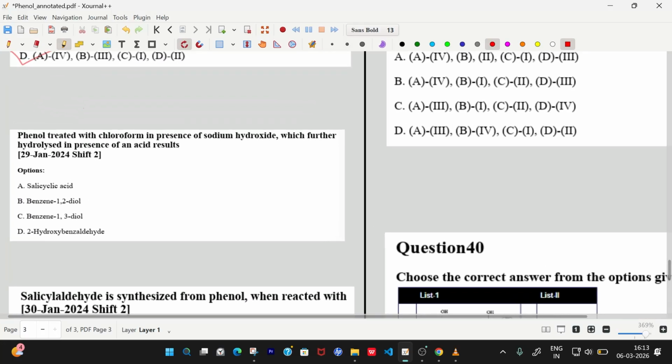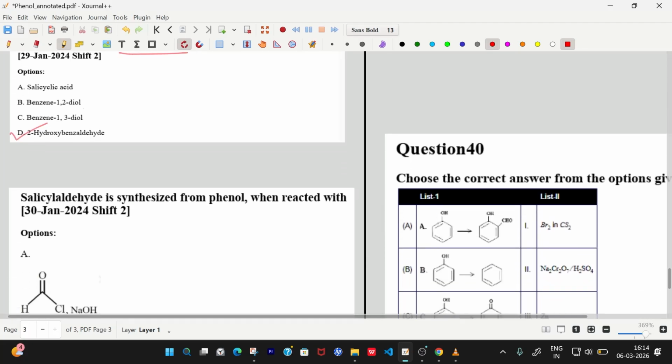Phenol treated with chloroform in presence of sodium hydroxide, which is further hydrolyzed in presence of an acid. This is a standard Reimer-Tiemann reaction, which basically generates salicylaldehyde. So D will be your answer.